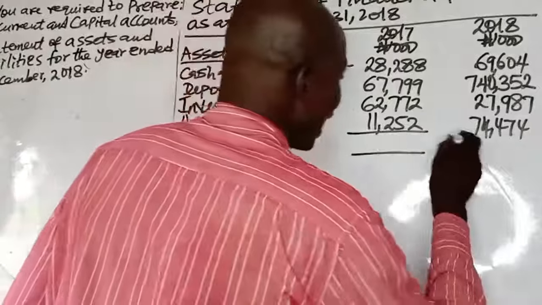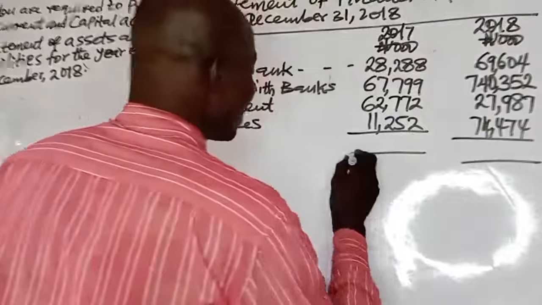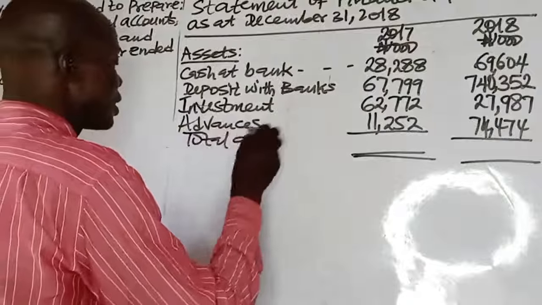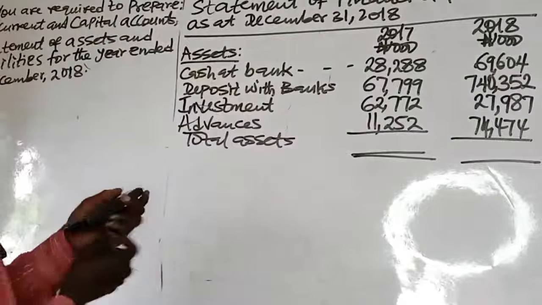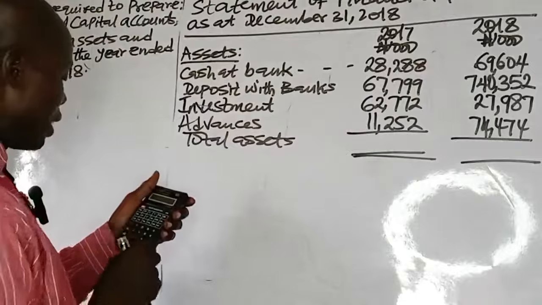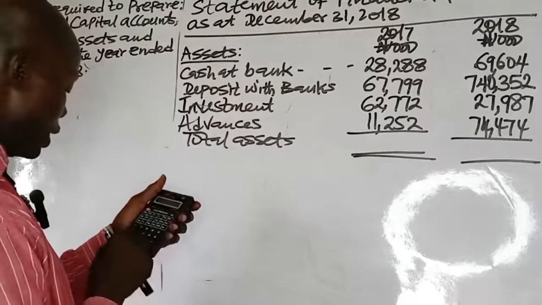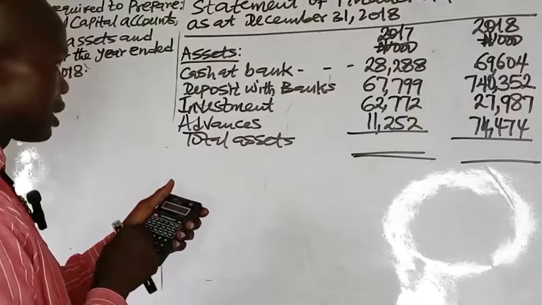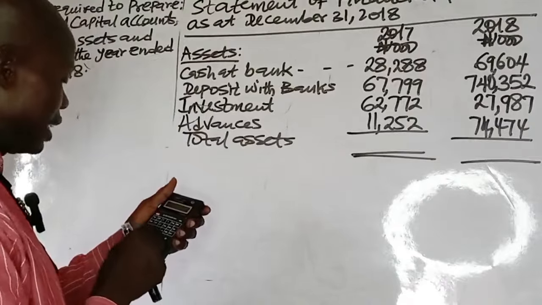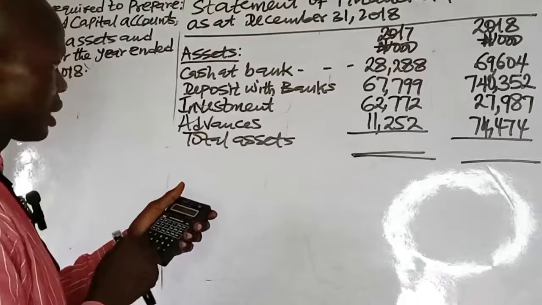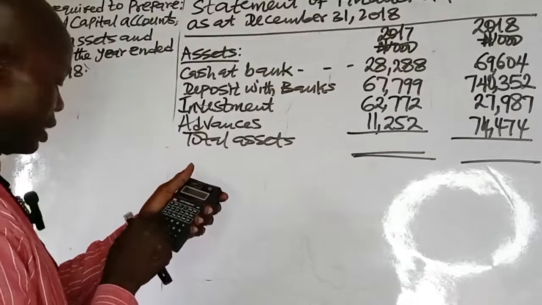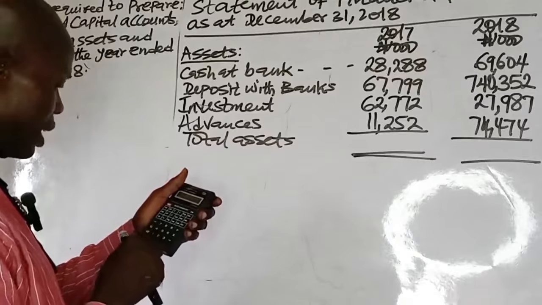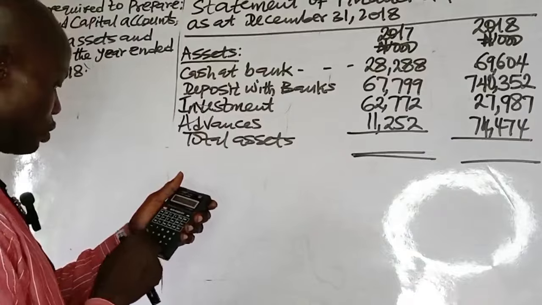Now, let's sum up the assets. Our total assets, 2017: 28,288 plus 67,799 plus 62,772 plus 11,252.